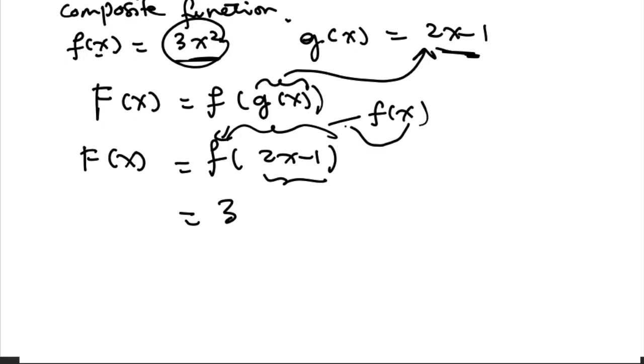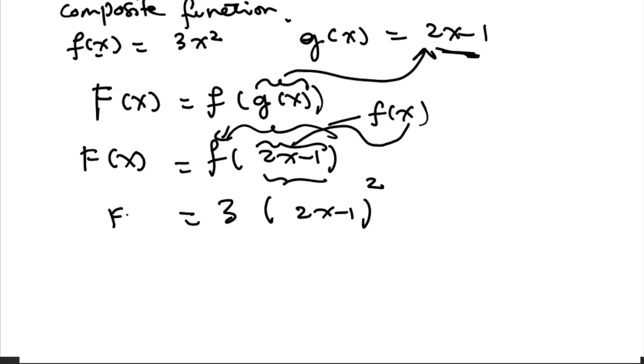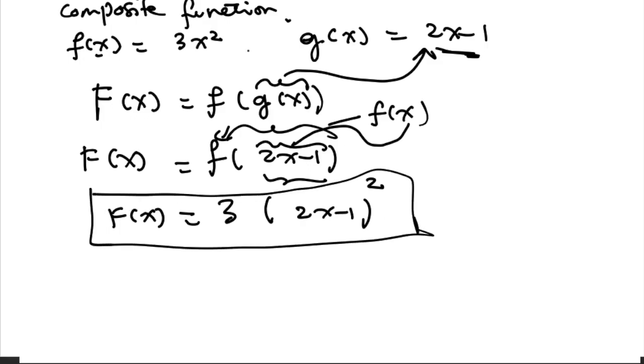What is x now? x is the whole thing inside here, 2x minus 1. So here, 2x minus 1, x is x, and then put square. That's it. Is it clear? Alright, so that's your final form of your composite function after you make it specific using these two pieces of information. Okay, that's the example of composite function.